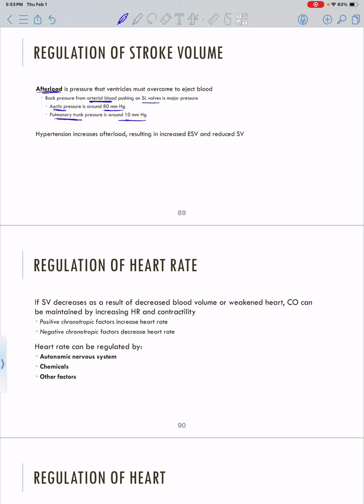So that's why afterload or hypertension, if we increase those, are going to decrease our stroke volume. So this is the unique thing that can affect stroke volume, in which it hurts it.